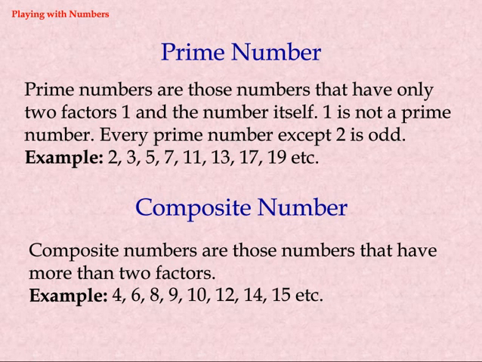Composite numbers are those numbers that have more than two factors. Example: 4, 6, 8, 9, 10, 12, 14, 15 etc.